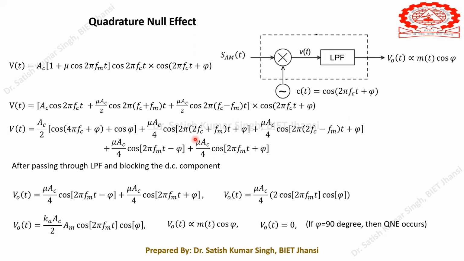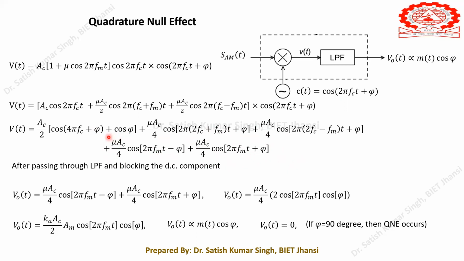So all these high frequency components will be rejected again by the low pass filter, but the output of that filter will again be this particular message signal, now a little bit modified. Here you can see that our message component is available in this part: mu AC by 4 cos 2 pi fmt minus phi and mu AC by 4 cos 2 pi fmt plus phi. So this is our message part.